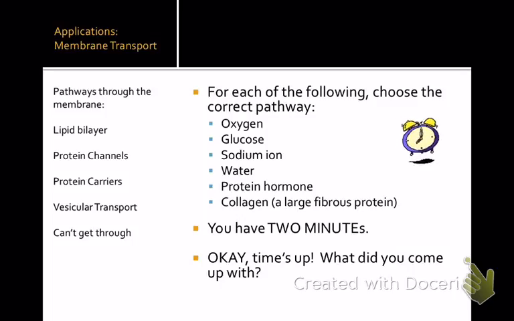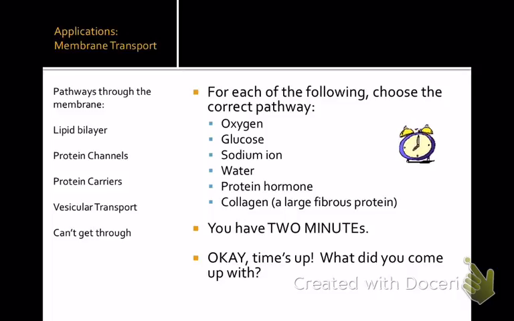So glucose, what about glucose? It's a small organic. Needs a carrier for small organics. Sodium ion? Does it have to be a channel? Can't it also use a carrier? Yes, it can. Okay, water? Aquaporin, which is what category?